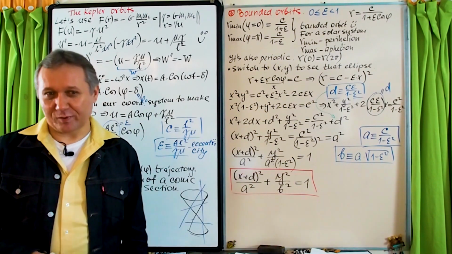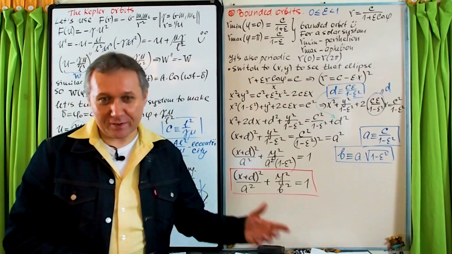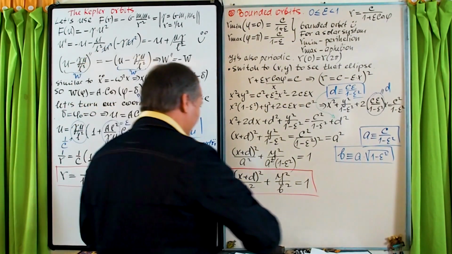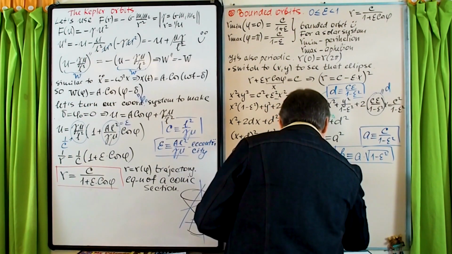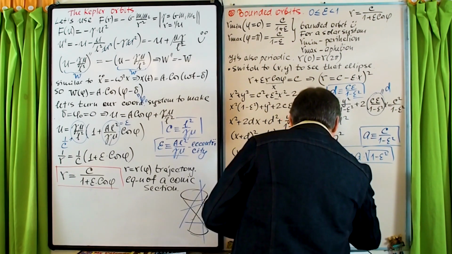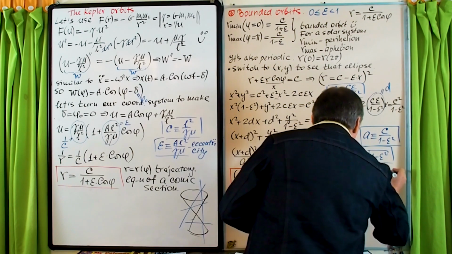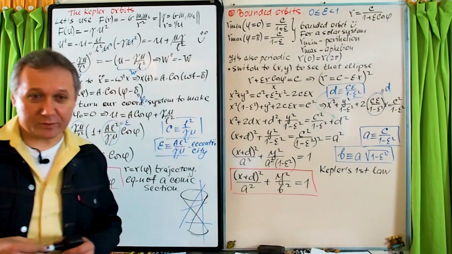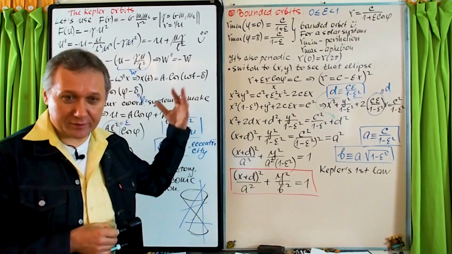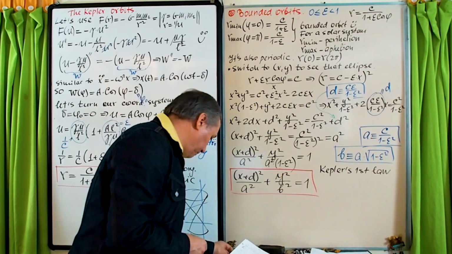We got an elliptical orbit. So it's basically Kepler's first law, about elliptical orbits in the case of the gravitational force.